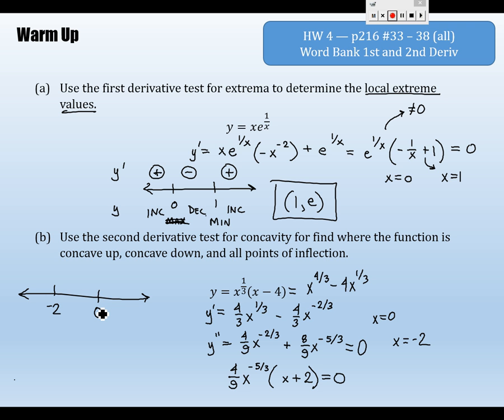That'll be something negative, won't it? So that's negative times something negative, which is something positive. And if we plug in a value like -1, we'll get something negative times something positive, so that's negative. Again, we're talking here about y double prime. And if you plug in a value greater than 0, like 1, you'll get something positive, won't you?